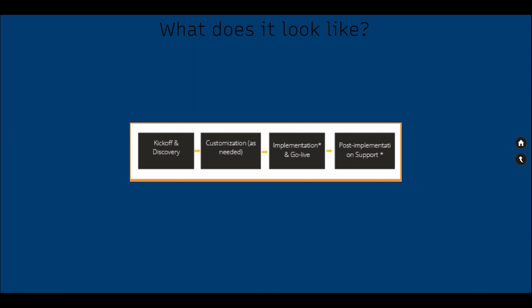If not, we talk about any customizations that may be needed. And once the customization, if needed, is also in place, we get into implementation phase where we install SkyDoc onto one of your sandbox environments, and then we work with you on a UAT. Once it's all signed off, we move SkyDoc into your production environment.